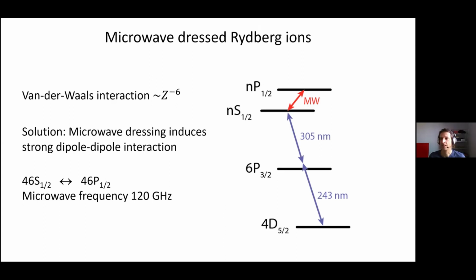In our case, since we have an ion, we have a doubly charged core and a single Rydberg electron, which means Z would be equal to 2. Compared to Rydberg atoms, where Z is equal to 1, this is already a factor of 2 to the -6 that reduces the strength of the van der Waals interaction. So it's a relatively big factor.